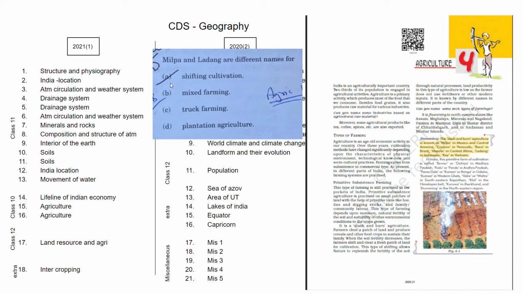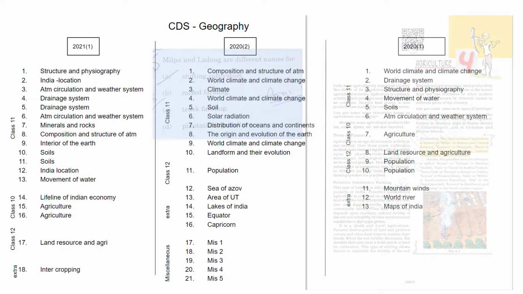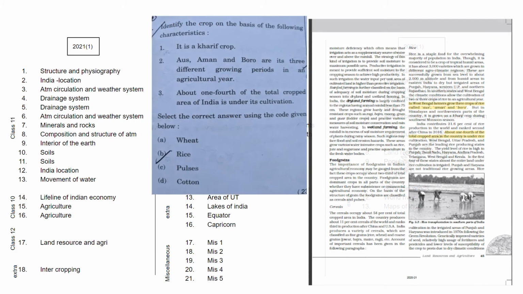Now, next coming to the next question, which is from Land Resources and Agriculture, class 12, question 17. Identify the crop on the basis of the following characteristics. It is a kharif crop. Aus, Aman and Boro are its three different growing periods in an agricultural year. About one-fourth of the total cropped area of India is under its cultivation. Now look at the slide, page number 45.